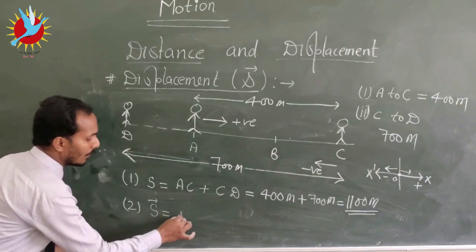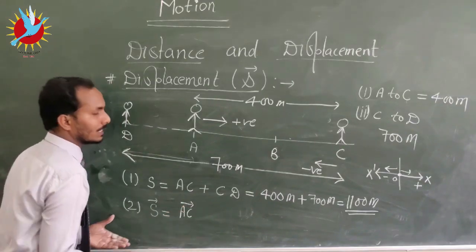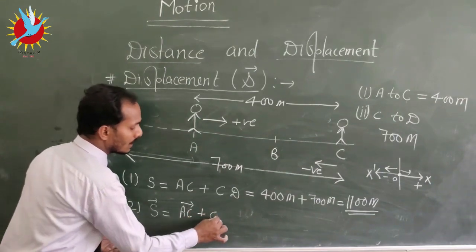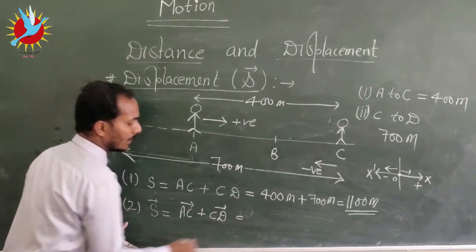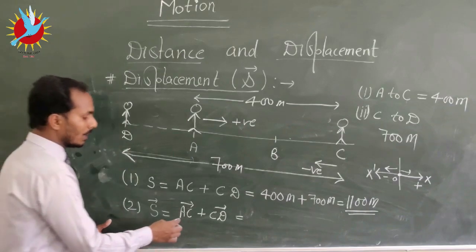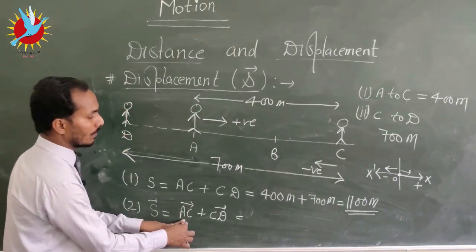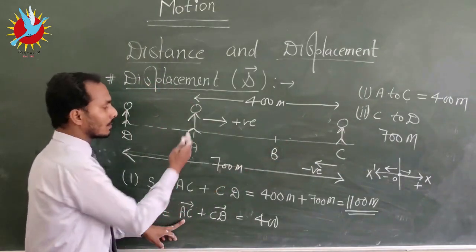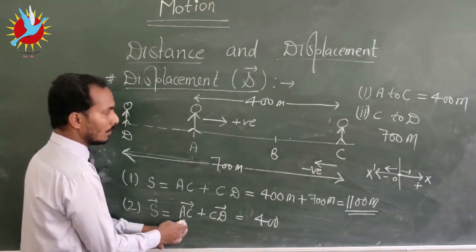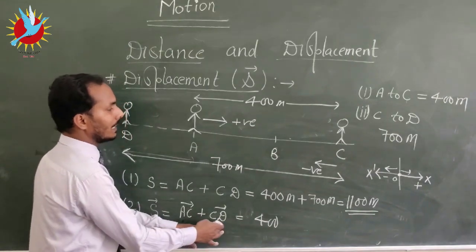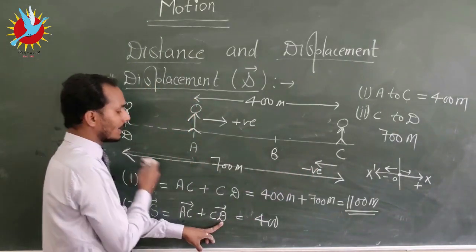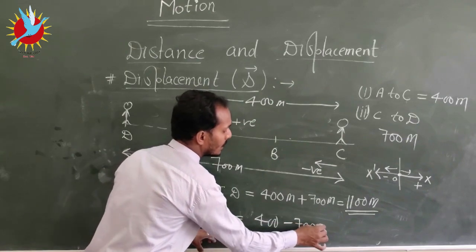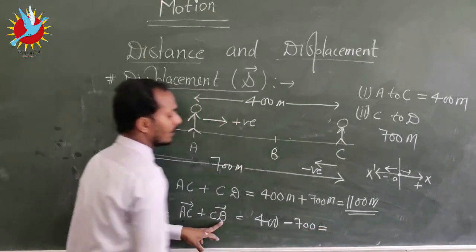Now calculate the value of AC. Because it is a vector quantity, I use this arrow. Now plus CD. AC is taken as positive because it's moving towards the right side, so its value is positive 400. Now the value of CD is 700, which you consider negative.